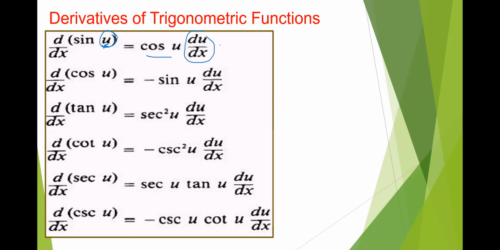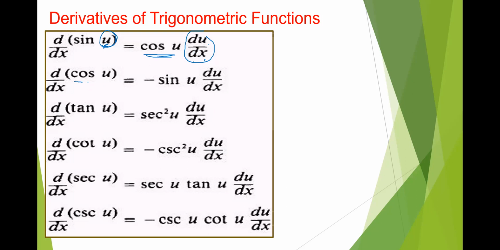So another version of this formula will be cosine u, this is your first factor, times this encircled one, which is the u prime, or derivative of u with respect to x. Diba? Remember when I introduced to you the notations in one of my videos or one of our lectures. Yan. So, another notation for this encircled one, du dx is also u prime.